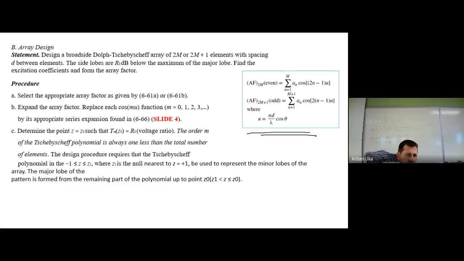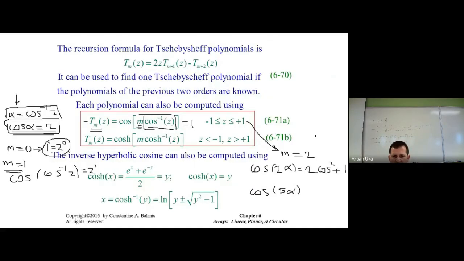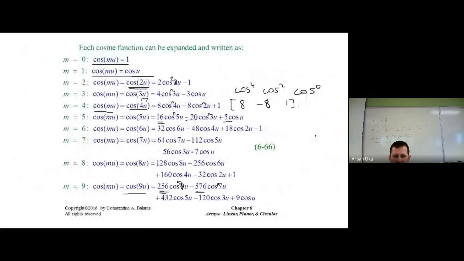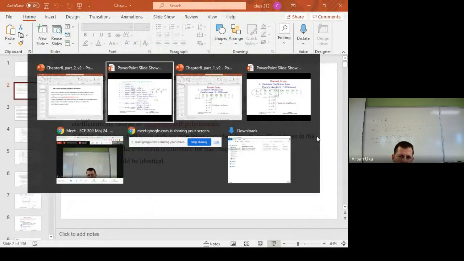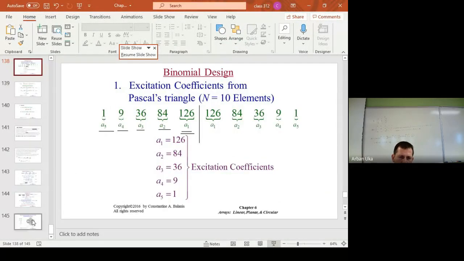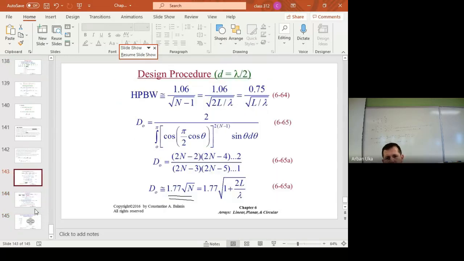First we start by trying to select an appropriate array factor, which can be given by 6.61. So we are in the previous slide actually, apparently 6.61. Maybe we can move a little faster.